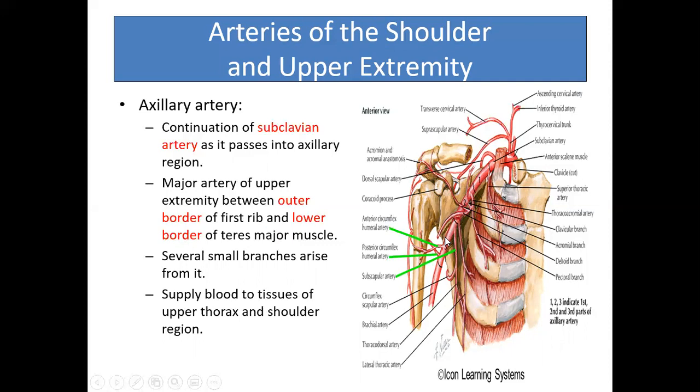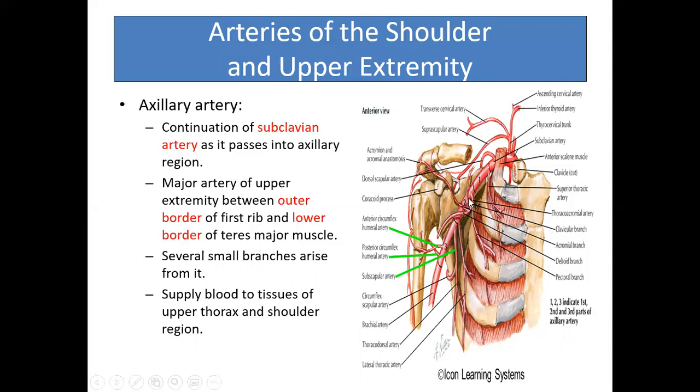This axillary artery passes into the axillary region, the armpit region, and the axillary artery is a major artery of the upper extremity located between the outer border of the first rib.